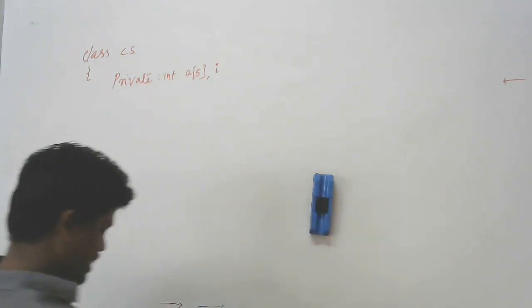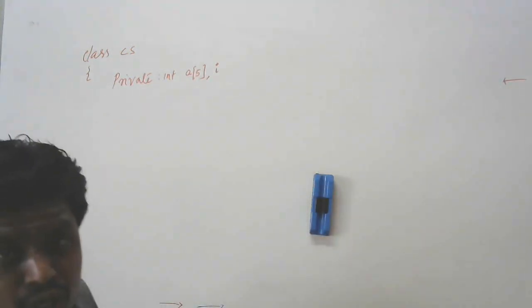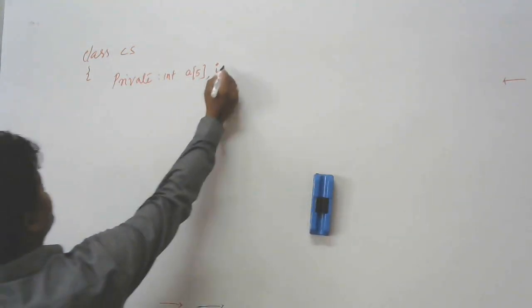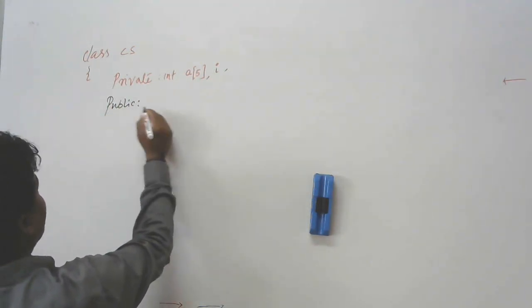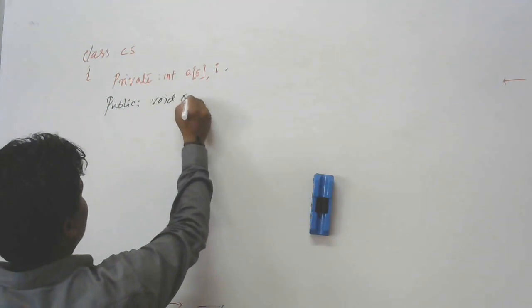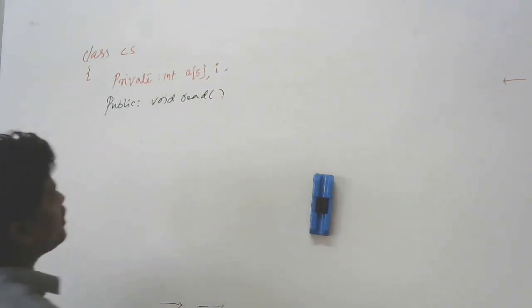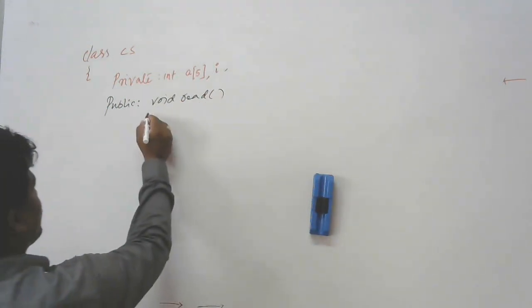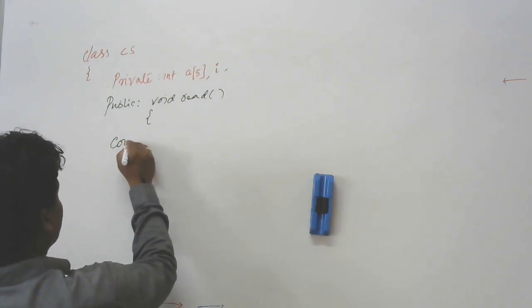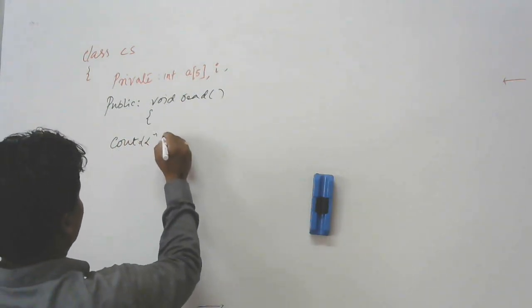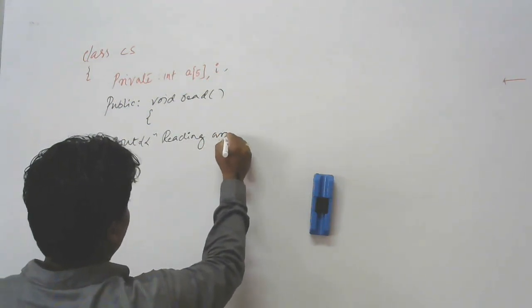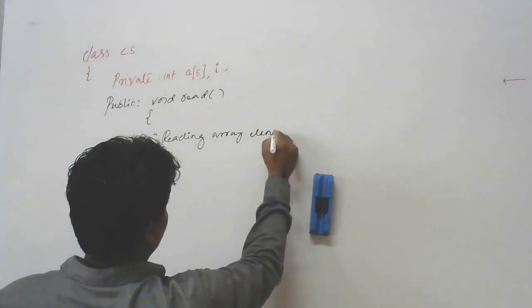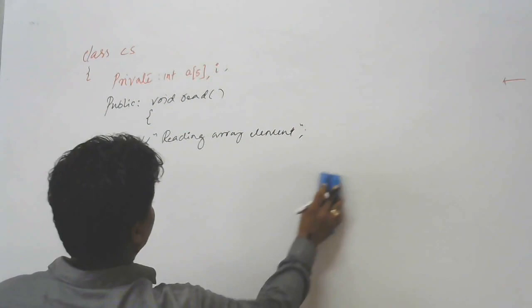Okay. The next, after declaring an array as a data member, you need to call the member function to read it. So I am taking the function name itself, read. Inside this I will write cout, reading array elements.